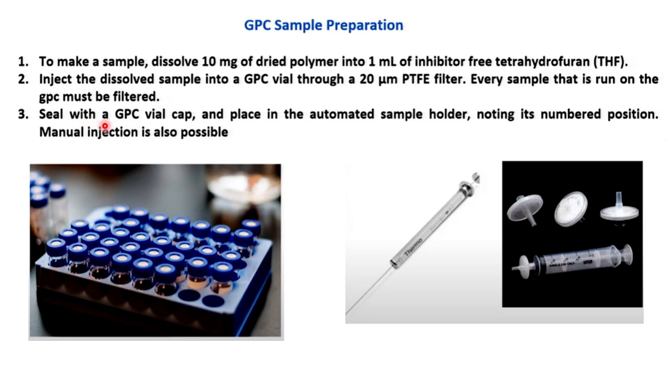Already I told that. And sometimes before the PTFE filter, you should filter the sample through a nylon filter with a specific pore size, seal with a GPC vial cap and place it in the automated sample holder. Sometimes you do not do it manually; there is an automated system that can do the sample preparation for the GPC.